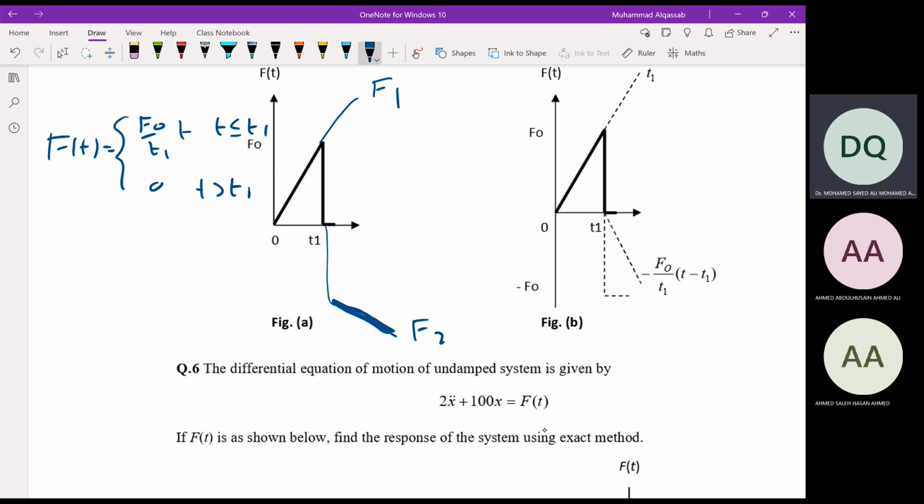So it means there is a step here. This f2 equal to minus f naught over t1 times t, but this is not of the standard rise function form. This is in fact in addition to a step. So you have to bring this upward to here, and a step.